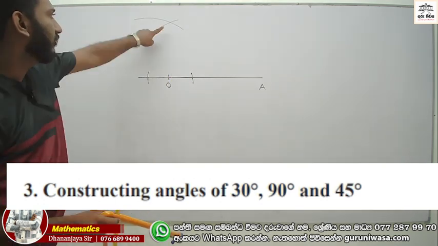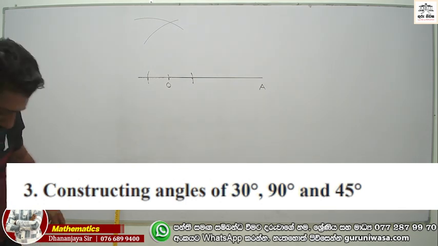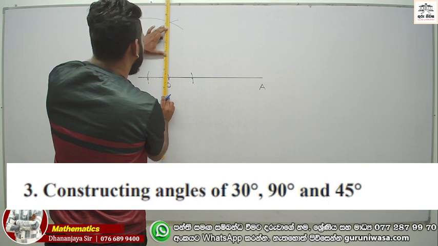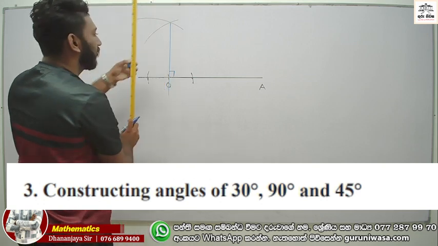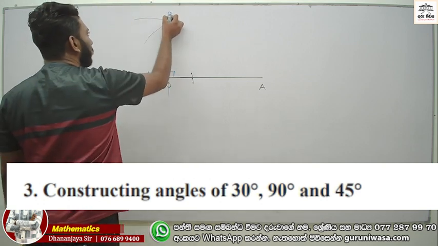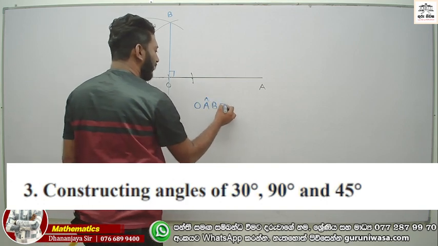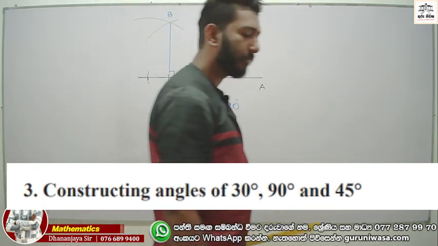Right. Now this is the intersection point. Now I am going to draw like this. Now this is 90 degrees, and OAB. Therefore, OAB should be 90 degrees. Very easy. Let's do it nicely, everyone.